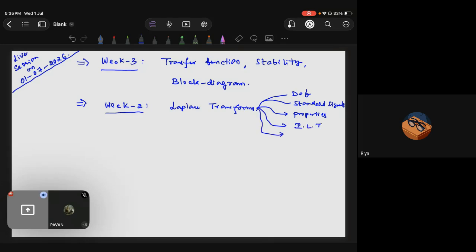Then application of Laplace transforms to ODEs, correct? So these are the major topics covered in week 2.